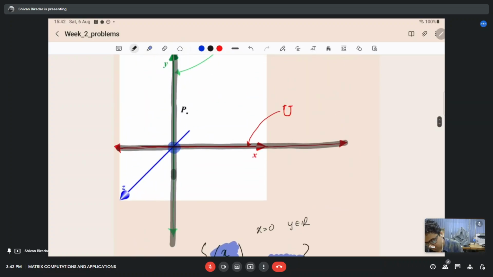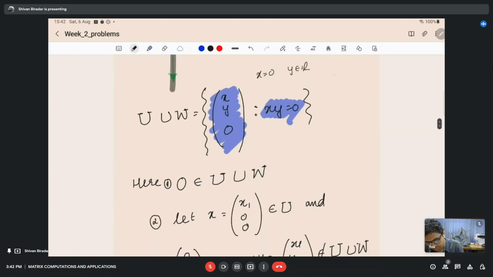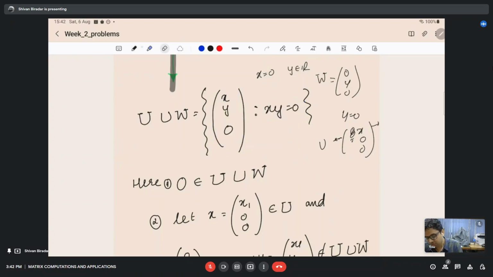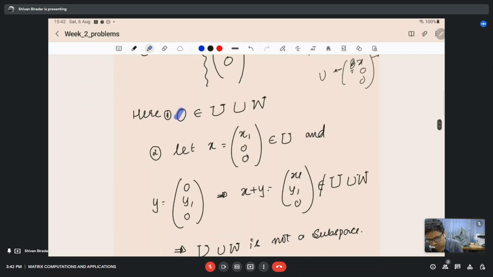If y is equal to 0, then you get x, 0, 0. So this is your U and this is your W. Using this mathematical form, you can generate both of these subspaces in general. So as I said, 0 belongs to the union of these two subspaces U and W.